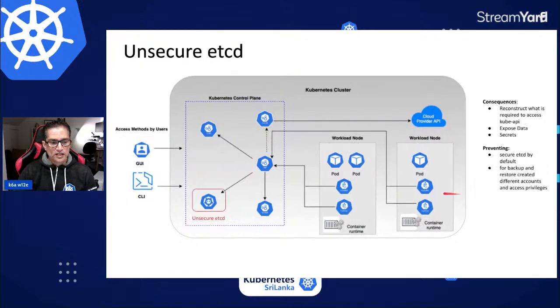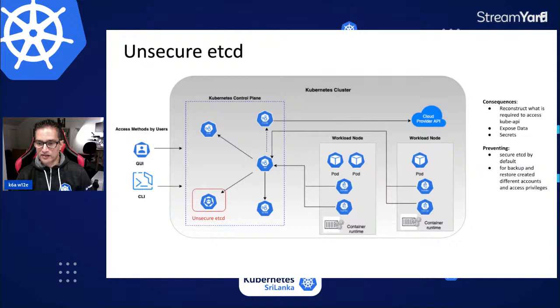Moving on, unsecured etcd. This is something you need to think about when you start deploying your Kubernetes cluster: how you're going to give access to etcd, because etcd is like your private repository of all the configurations and things that you store with regard to the Kubernetes cluster, right?